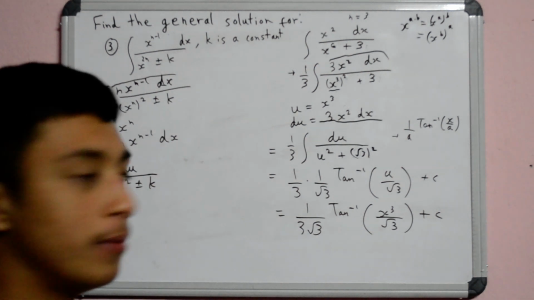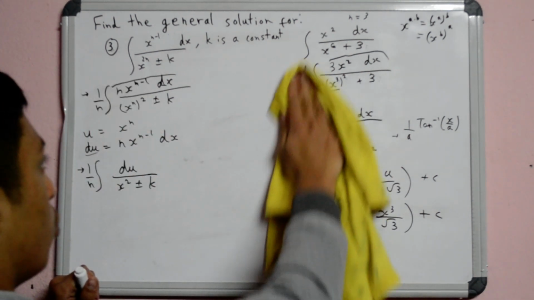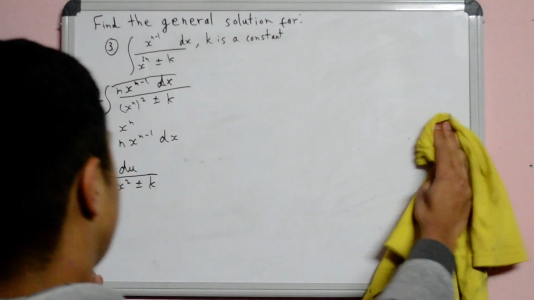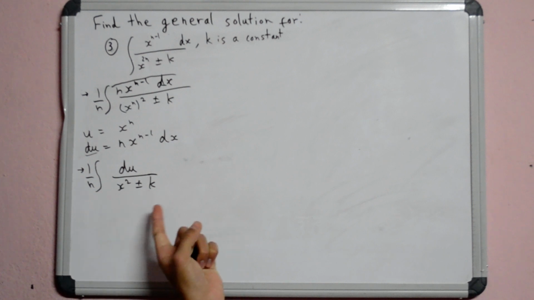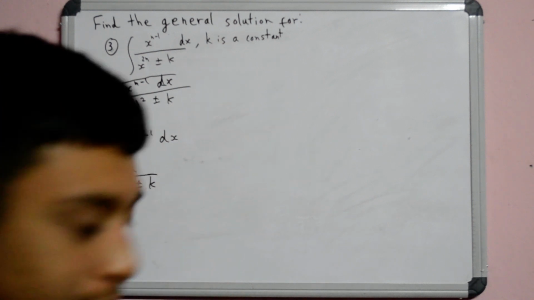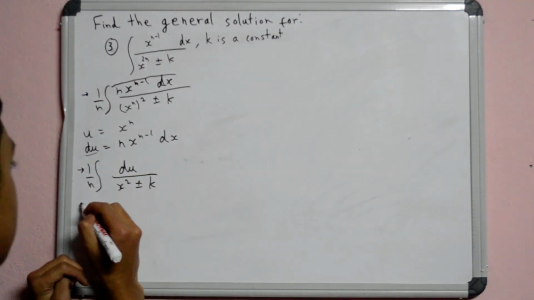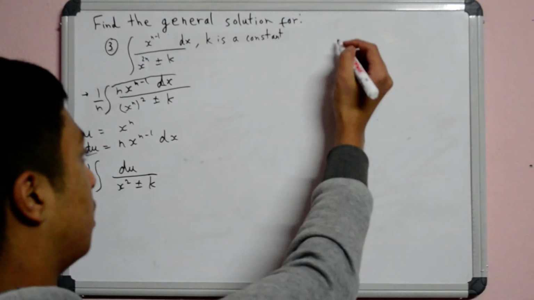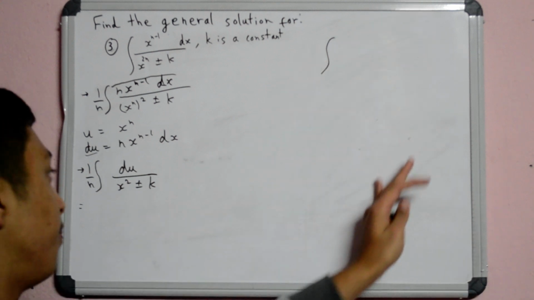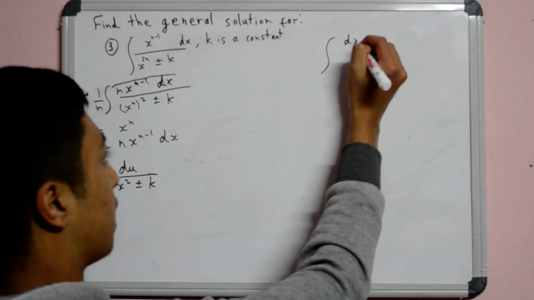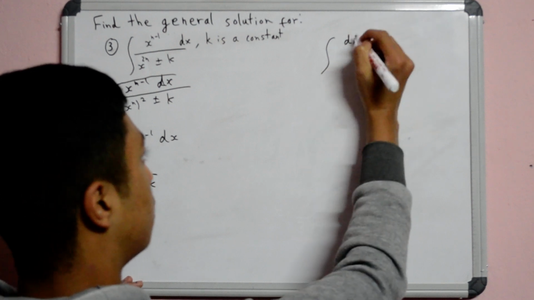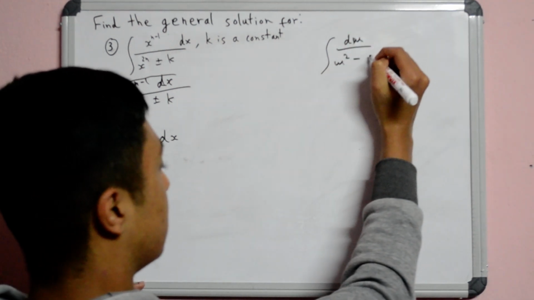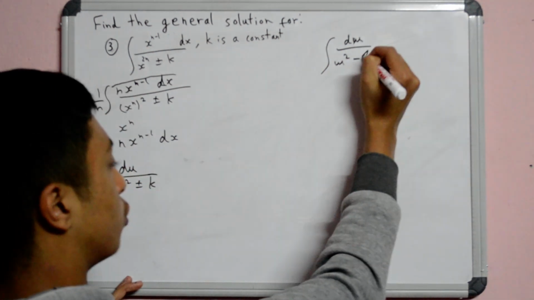Now, you will actually get two different kinds of answers based on if this constant is positive or negative. So I'll also be doing an example for minus k right away. All of these steps are the same, so I'll just write it as dw by w square minus, let's just say, 4 square.